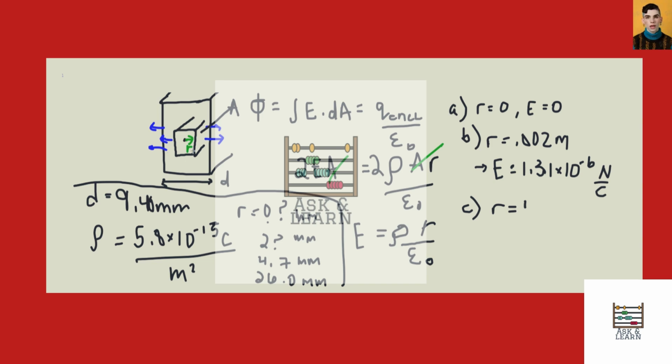I originally thought that, but this D is 9.4, so half of D is 4.7. So we are actually just at the border, right at the point where we've enclosed all of the charge.